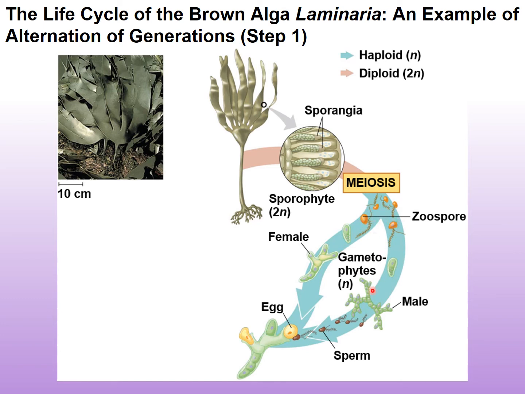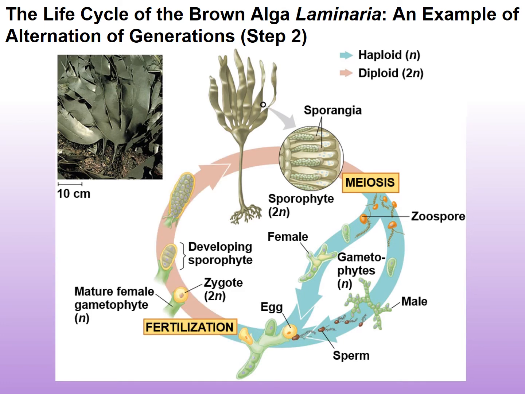Those are going to be released, and then they're going to land somewhere and germinate. So then they're going to produce either a female or a male gametophyte, which will then produce either the egg or the sperm. So we can see the egg and the female gametophyte, and then the sperm have flagella, so they're going to swim and find it. And then once fertilization occurs, the egg develops into a zygote, and then further develops into a mature sporophyte.